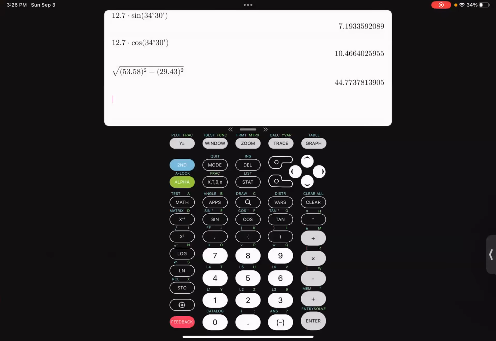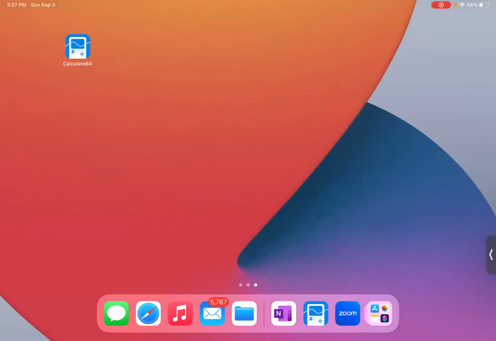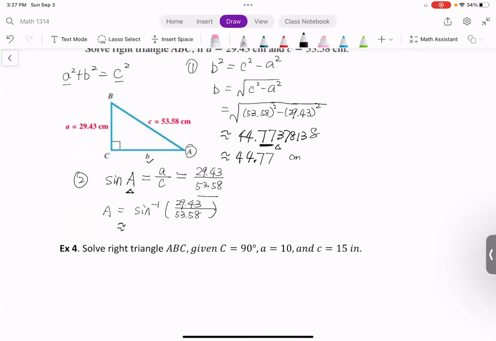Okay, for inverse, we click second, we click sine. Inside the parentheses, we have 29.43 divided by 53.5, no, I made a mistake. If I want to delete it, click delete. And then 5, 8, close the parentheses, hit enter. So this is the angle A. The angle A is about 33.31709 something.